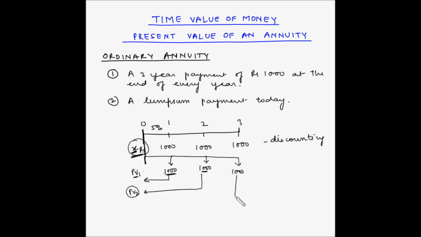And same thing for these 1000 rupees. What is the current sum of amount which at 5% interest compounded annually for a 3-year period will get converted into 1000 rupees. And this total, that is PV1, PV2, PV3, will be equal to this X rupees.